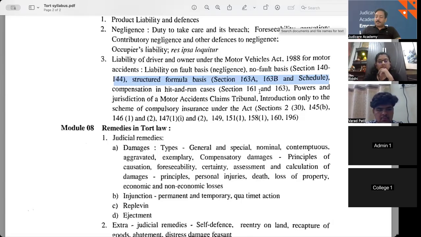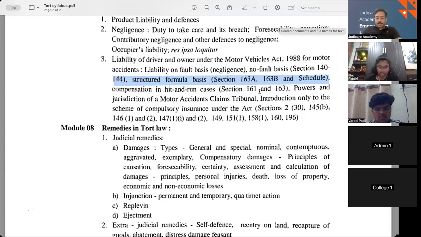And C says the powers, functions, or duties conferred or imposed on any officer or authority by such scheme may be delegated by such officer or authority with the prior approval in writing of the central government. Now, 161 is a special provision as to compensation in case of a hit and run case.